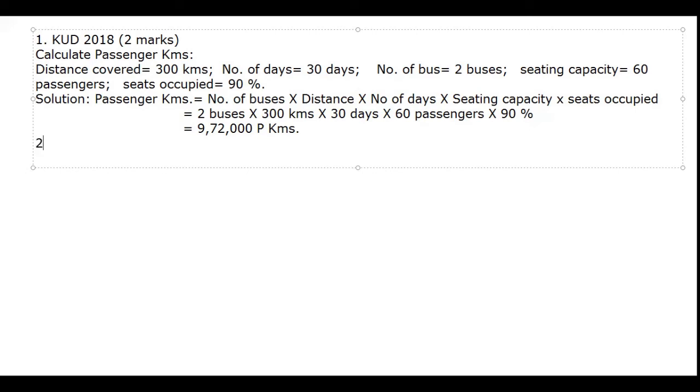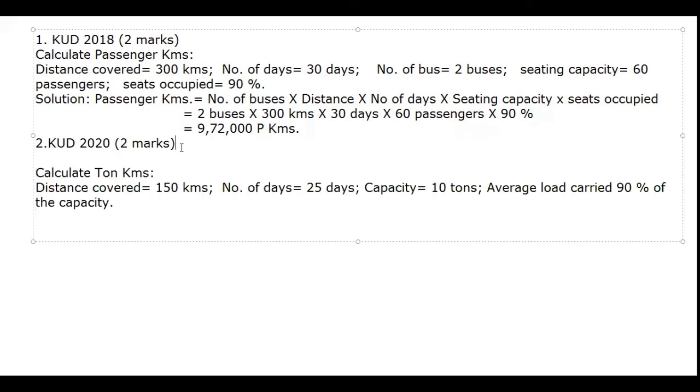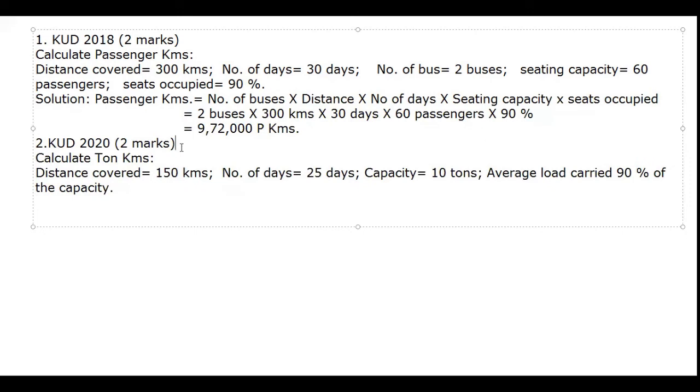So this is how you calculate passenger kilometer. Now let's solve one more problem which was asked in the year 2020 from Karnataka University, Dharwad. So let's see the problem here. Calculate ton kilometers. Distance covered is 150 kilometers. Number of days 25 days.